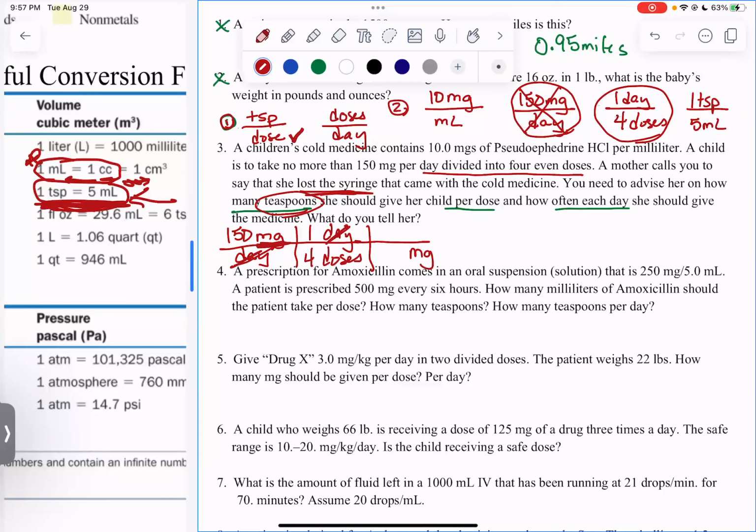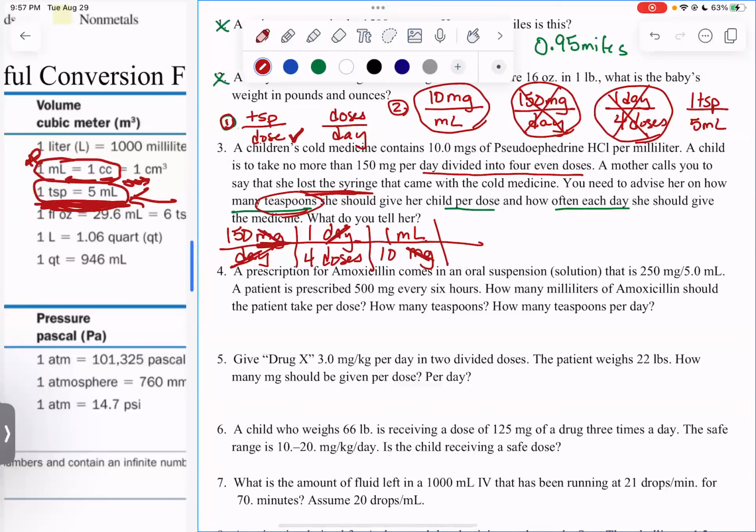Well, I don't really have anything that gives me milligrams to teaspoons. I've got to cross that out. But I do have this conversion factor for milligrams to milliliters. So let's use that. 10 milligrams in every 1 milliliter of our medicine. So our milligrams will cancel.